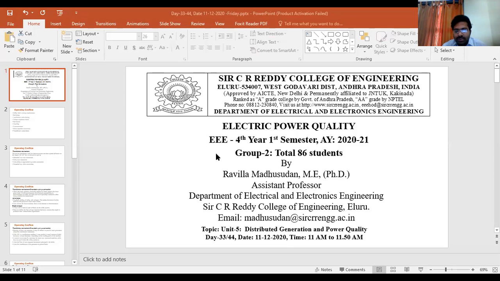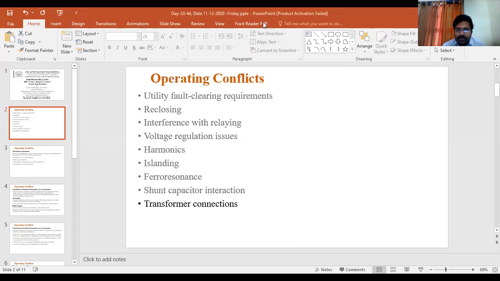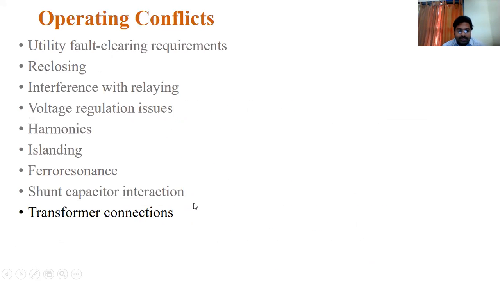We have been discussing this in the last four classes. Some different types of operating conflicts we discussed in the last classes are utility fault clearing requirements, reclosing, interface with relaying, voltage regulation issues, harmonics, islanding problems, ferroresonance, and shunt capacitor interaction. We have already completed these things.